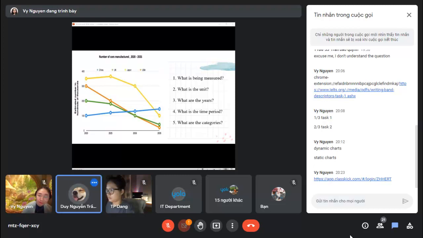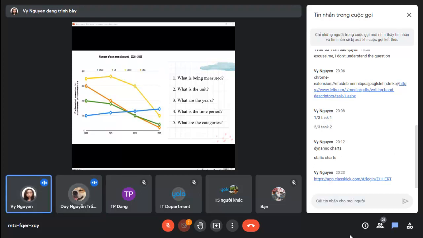I will answer question number one. The number of cars manufactured is being measured. The unit of this diagram is number.